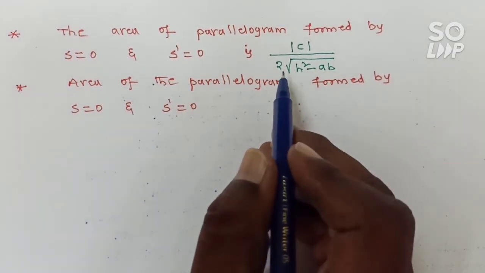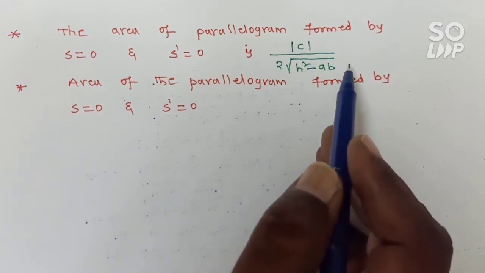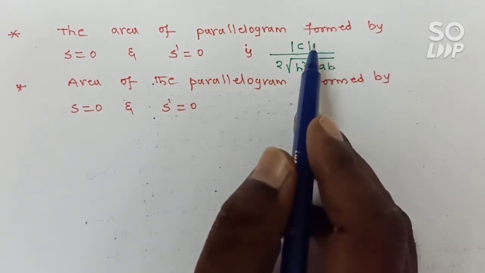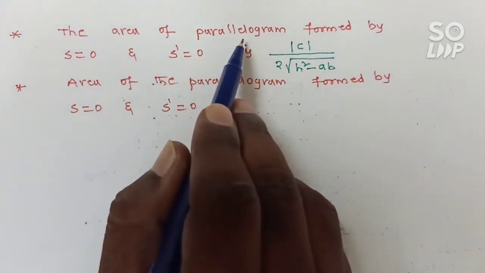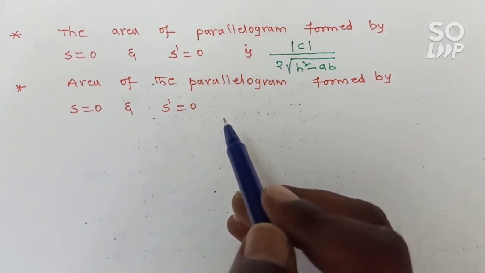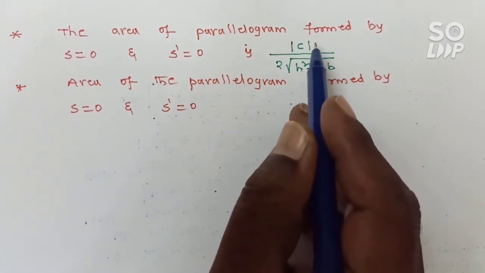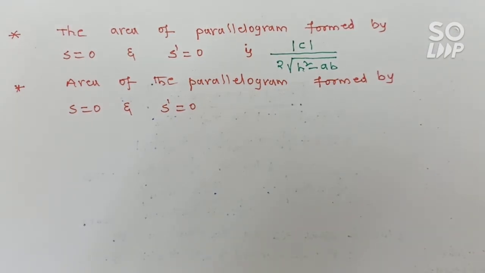Here everybody may have one doubt: here also it is the area of the parallelogram, and the second one is also the area of the parallelogram, but this is one expression and the next is another one.